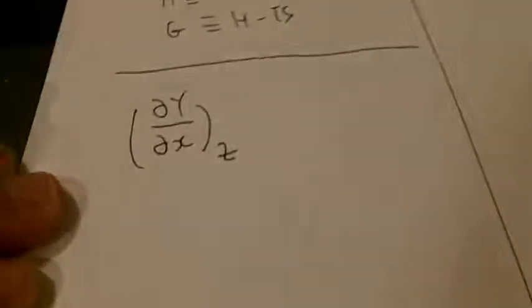Now let's just move on. We want to know certain properties about partial differentials. Let's say you have del y del x holding z constant, and you want to differentiate it with respect to z holding x constant.